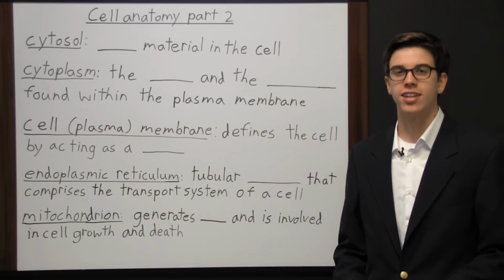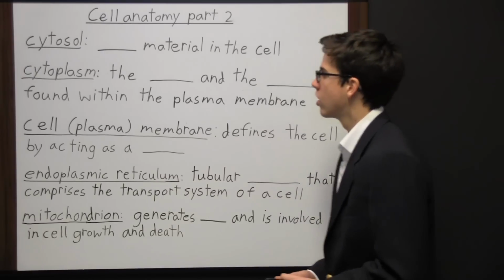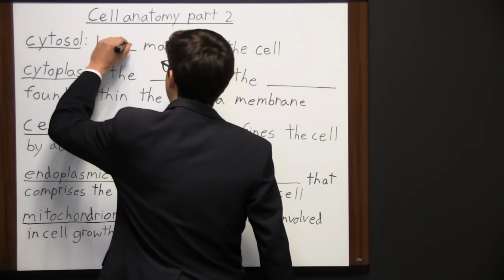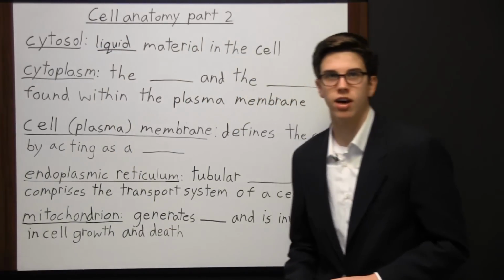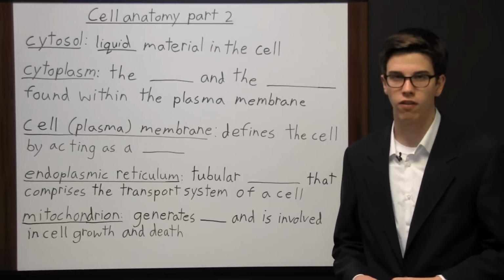We're going to take a look at some parts of cell anatomy, starting with cytosol, which is liquid material in the cell. It is mostly water, but it also contains some floating molecules.